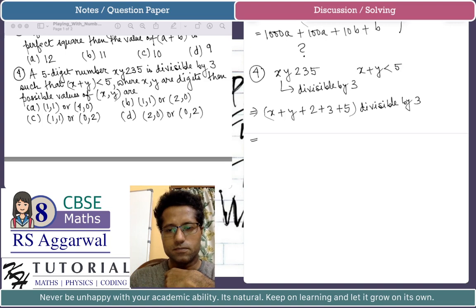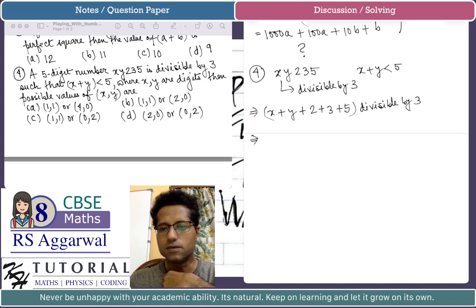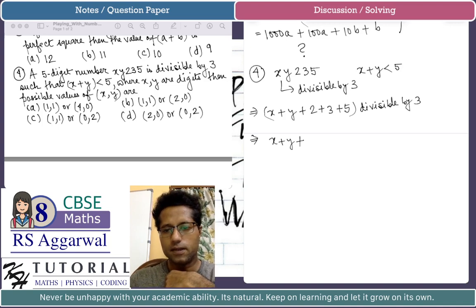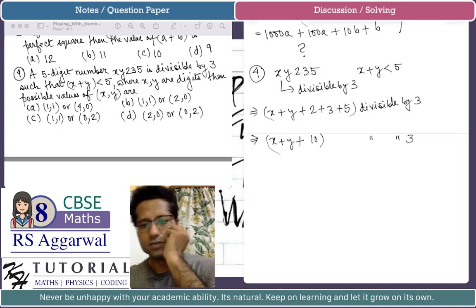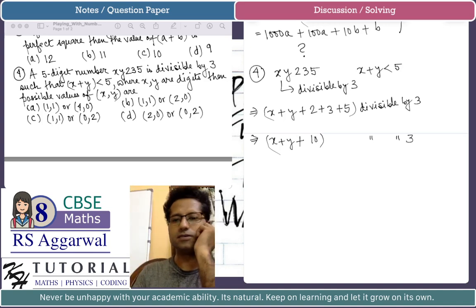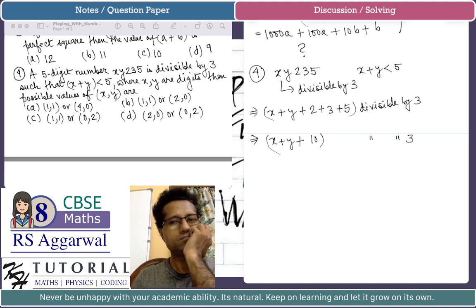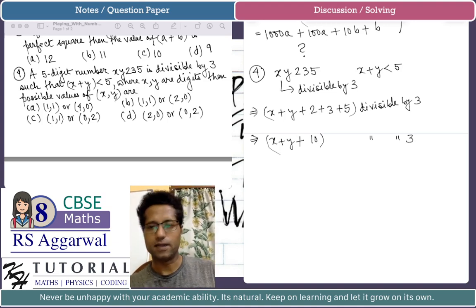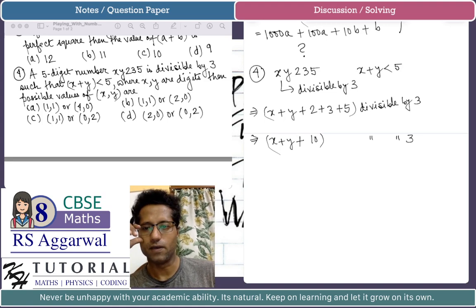This implies x plus y plus 10 is divisible by 3. Now it is also given that x plus y is less than 5. What values can we consider for x and y such that x plus y will be less than 5, as well as x plus y plus 10 will be divisible by 3?